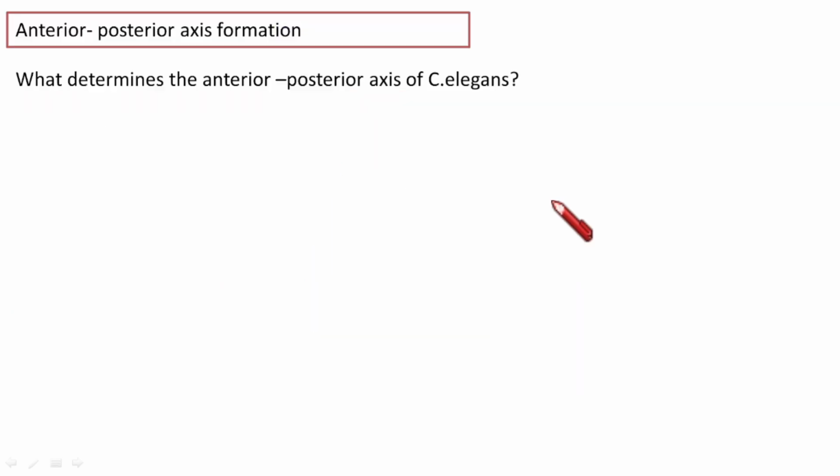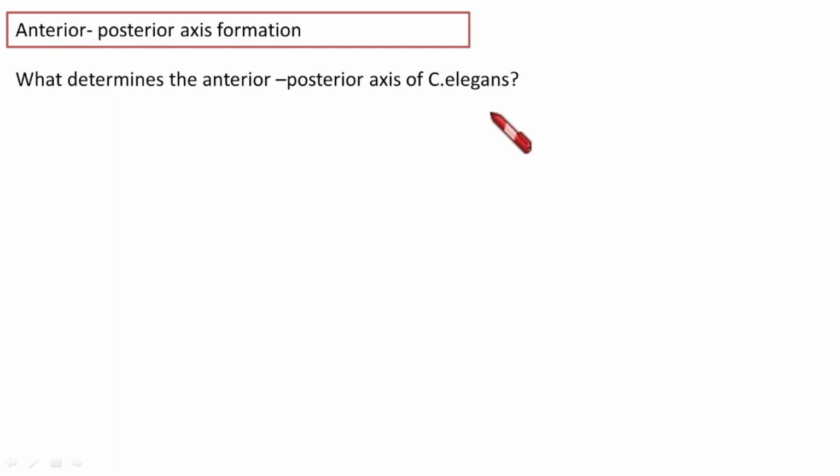Next we are going to see the anterior-posterior axis formation. I hope that cleavage is clear to you. Anterior-posterior axis formation, how is it happening? What determines the anterior-posterior axis of C. elegans?